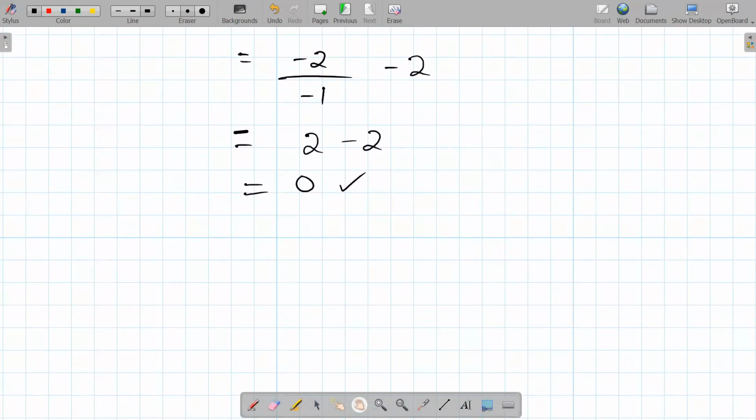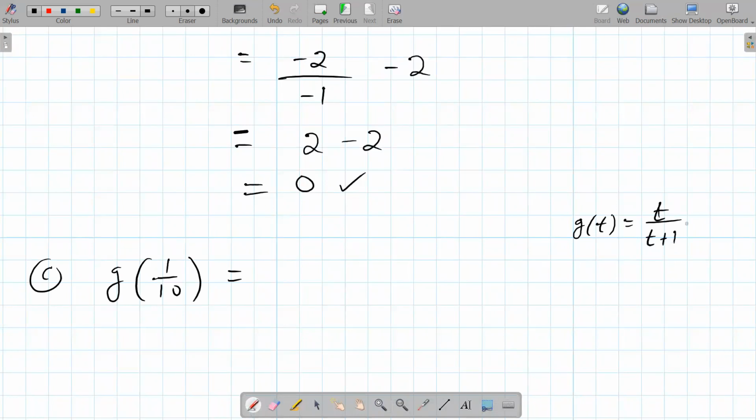Done. In the C part, I'm looking for g of 1 over 10. So again, wherever I see t in the function, it is replaced. Remember that the function is g of t, t over t plus 1 minus 2. So this is what we're using to do our evaluation.